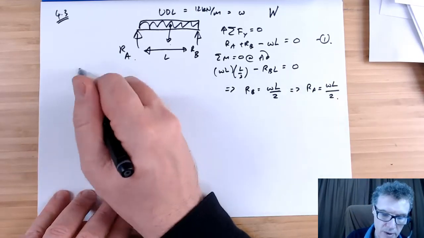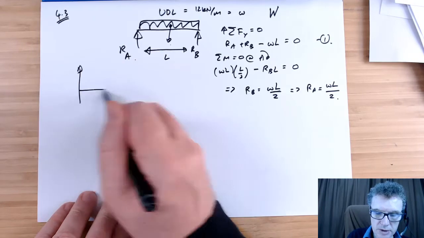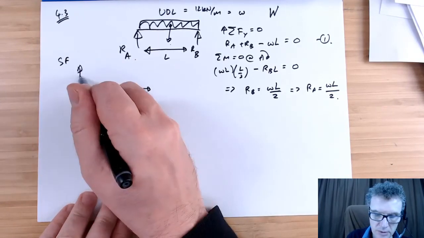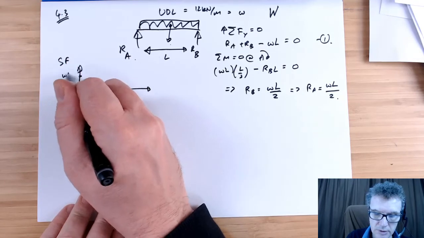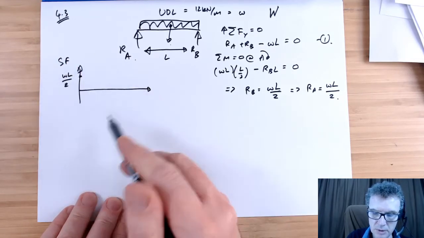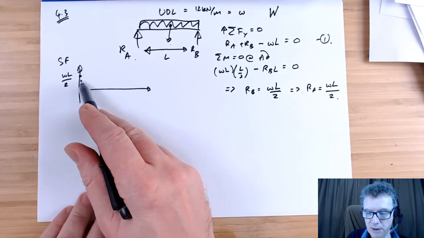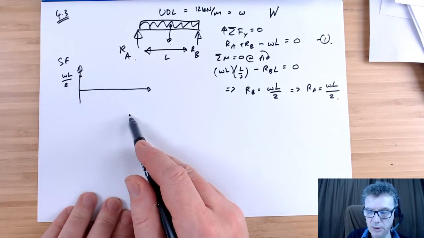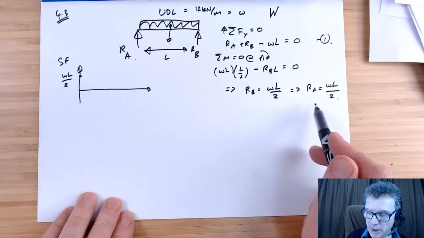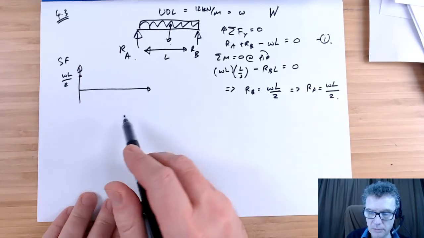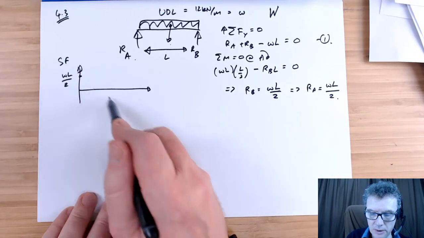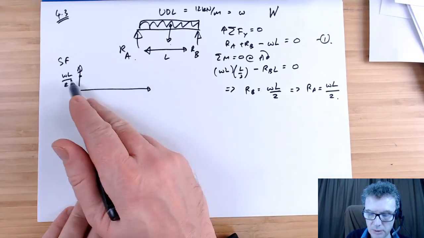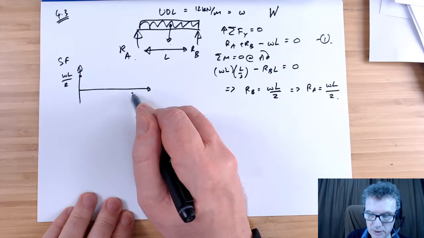So we knew that. So our shear force diagram is going to go up to little wL over 2. Now the next thing is to say, how is this thing going to drop? Well, it's just going to be a straight line, UDL, okay, and it ends up with that we're going to jump again with wL over 2 when we come to the end.